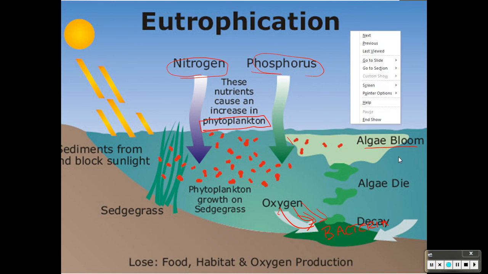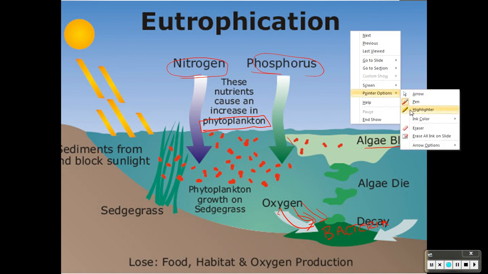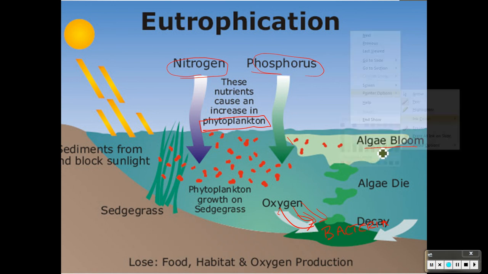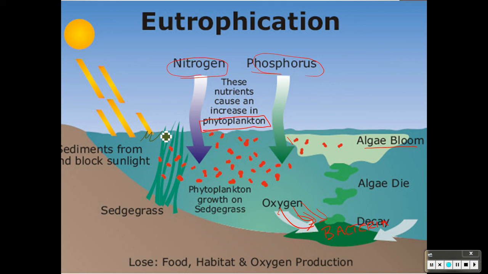Part 2 is once the algae bloom takes place, what happens is it grows along the top and it blocks the sunlight. And the blocked sunlight causes the seagrass to die.